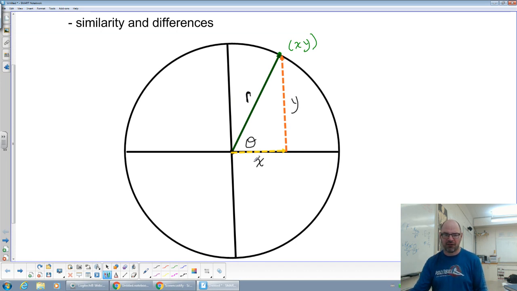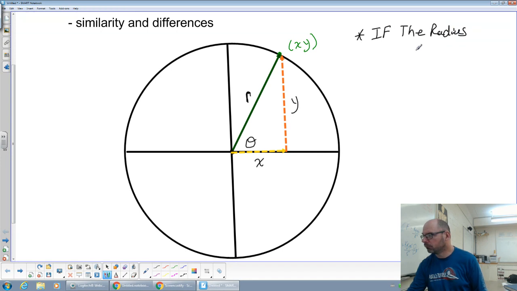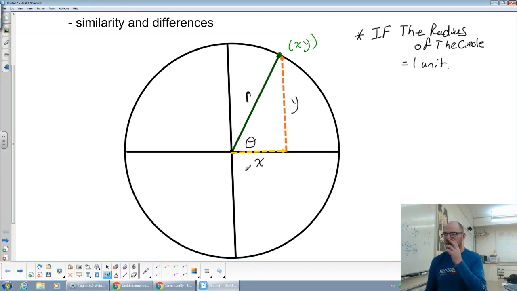If the radius of the circle is always 1 unit, they call that the unit circle, and then we can have ratios for x and y as it goes around.